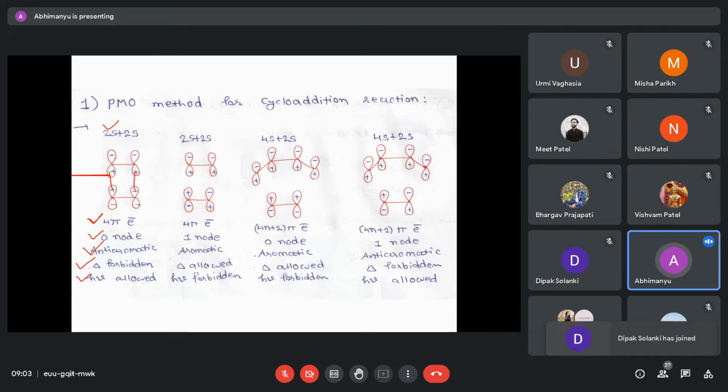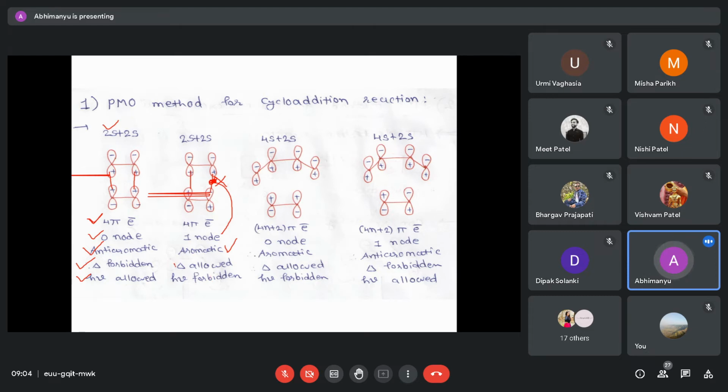What about the case number two? Plus plus possible? Yes, definitely possible. Plus minus? No. The connection is not possible. Or we can say this. What came here? Node, one node. So in 4 pi electron system, if one node is present, the system is aromatic. Now system is aromatic.